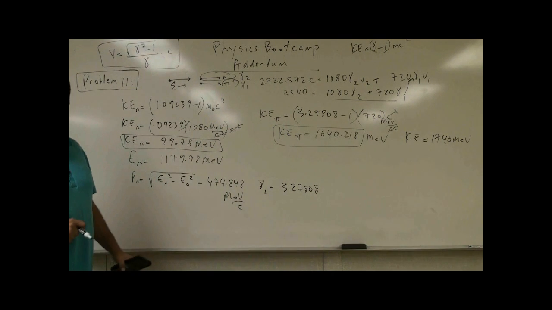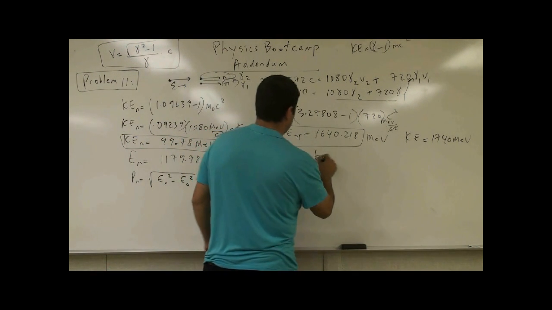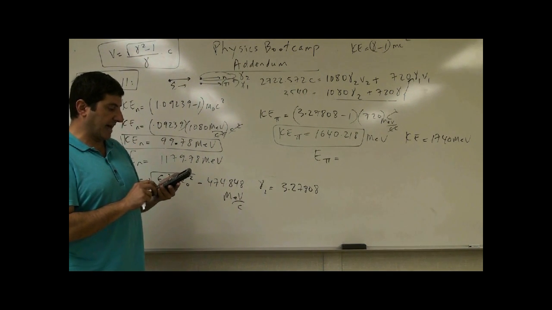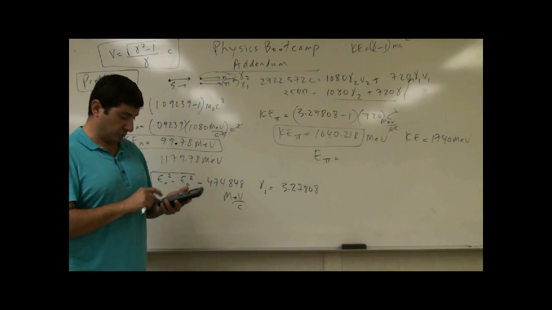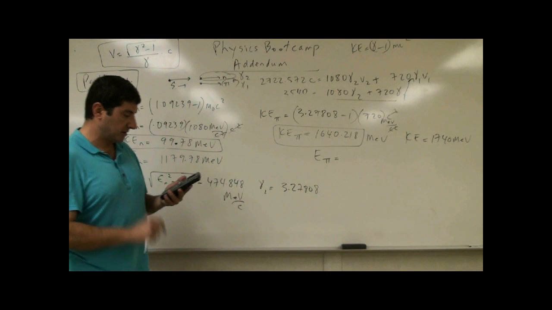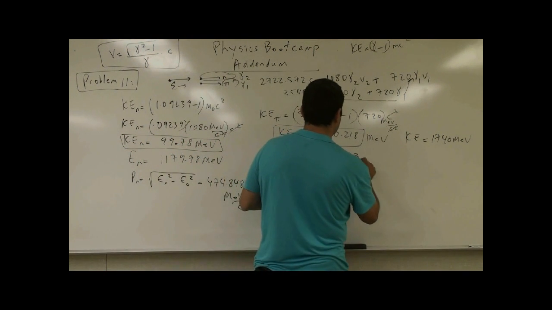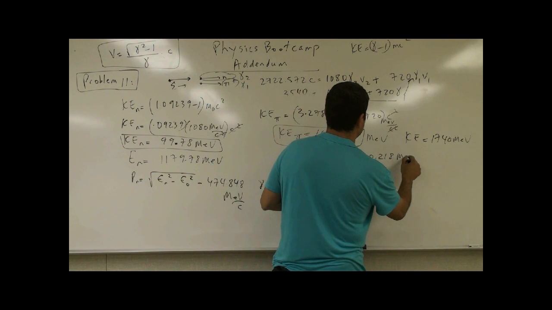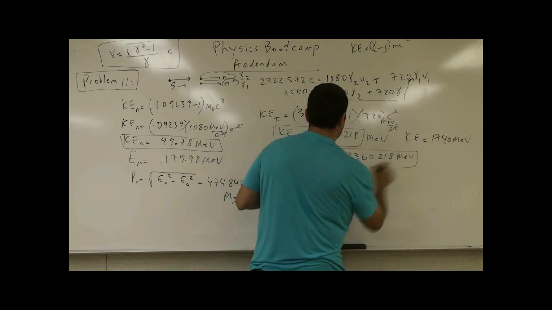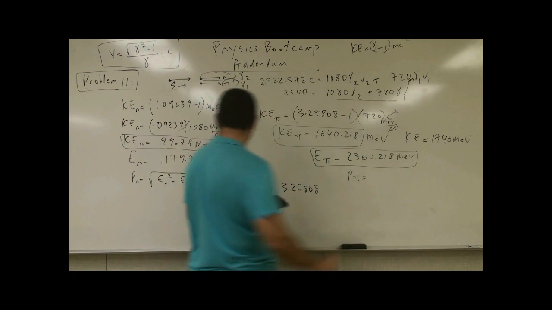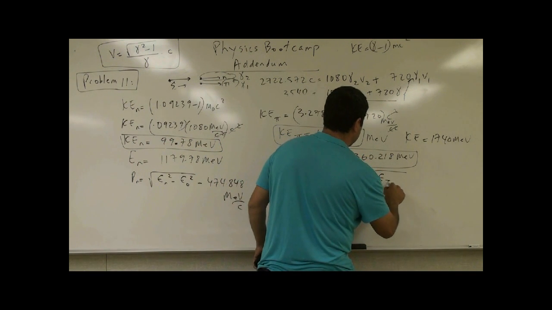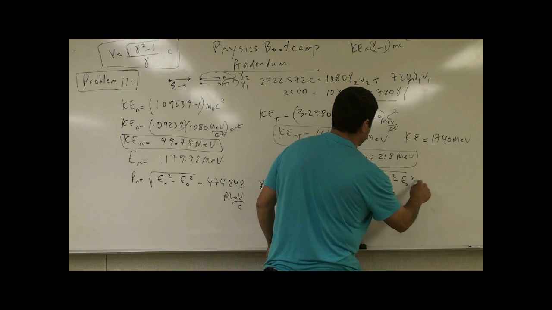Okay, how about the total energy? Total energy of the pion. On top of that answer, add the rest energy, 720. So you get 2360.218 mega electron volts. And then the momentum of the pion, again you do square root of the energy of the pion squared minus the rest energy squared.